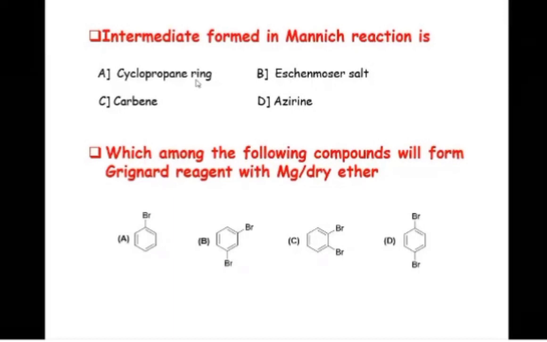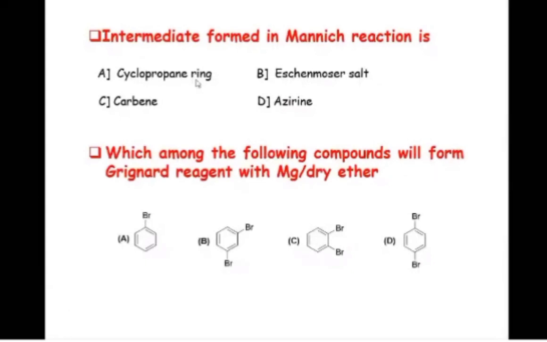Because first of all, Eschenmoser deduced this particular intermediate and showed how to utilize it for the Mannich reaction. That's why Eschenmoser salt will form in Mannich reaction.